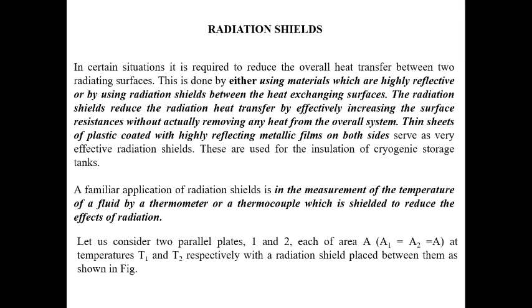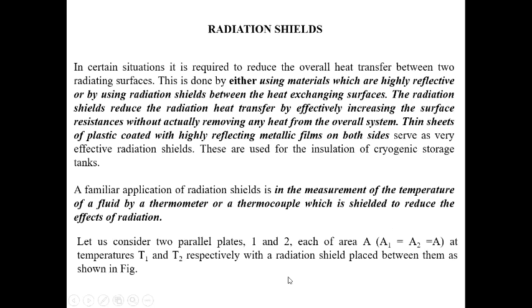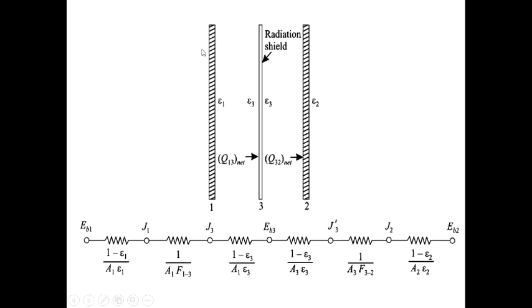Here you see there will be two bodies, 1 and 2. Epsilon 1 will be the emissivity of body 1, epsilon 2 will be the emissivity of body 2.